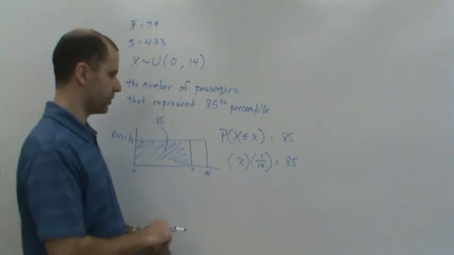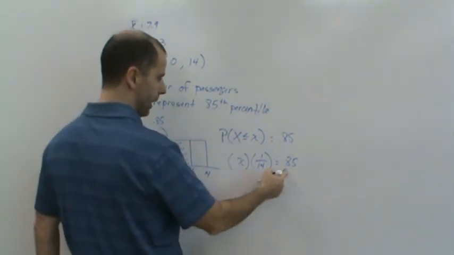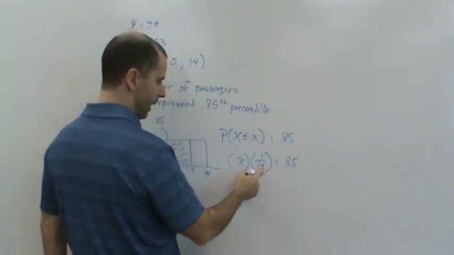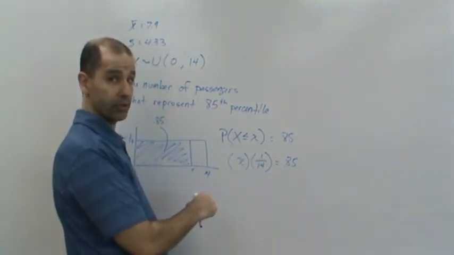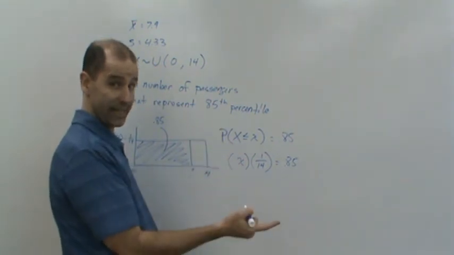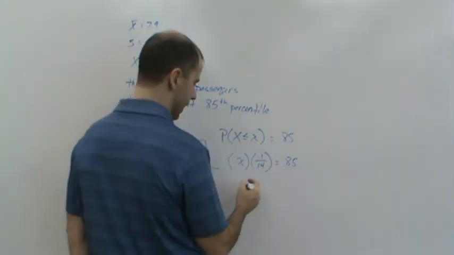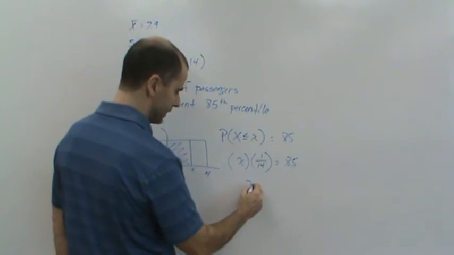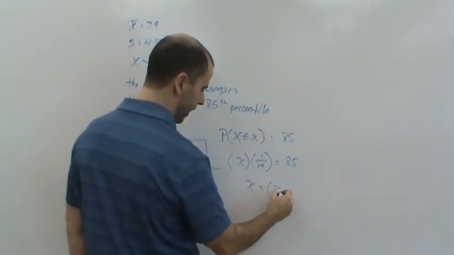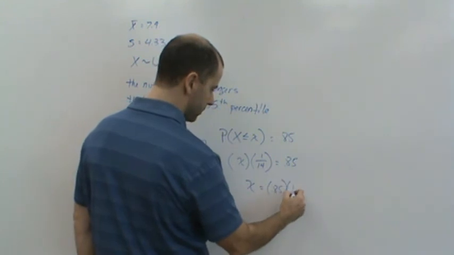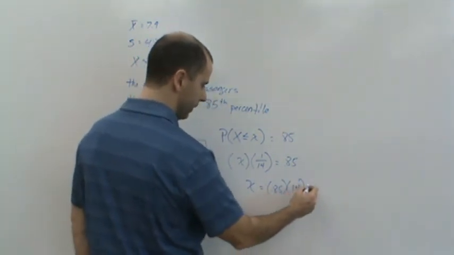So how do we solve for x? Multiply by the reciprocal on both sides. I'm multiplying by 1/14. So to get rid of this, I have to multiply both sides by what? 14. So if I multiply both sides by 14, I get x equals 0.85 times 14.